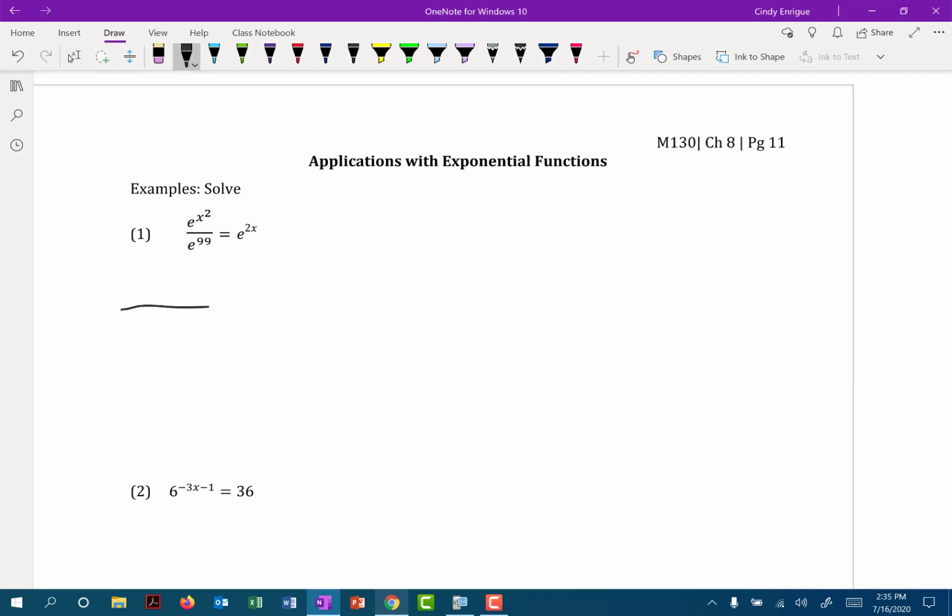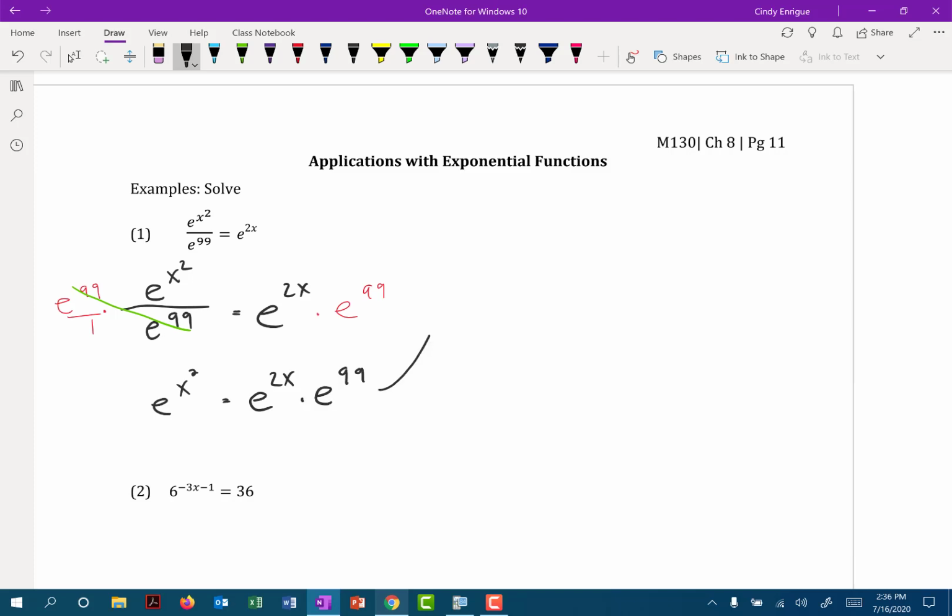So if I have the fraction e to the x squared over e to the 99 is equal to e to the 2x, that would multiply by e to the 99 over 1. So that here it cancels. I'm left with e to the x squared is equal to e to the 2x times e to the 99.